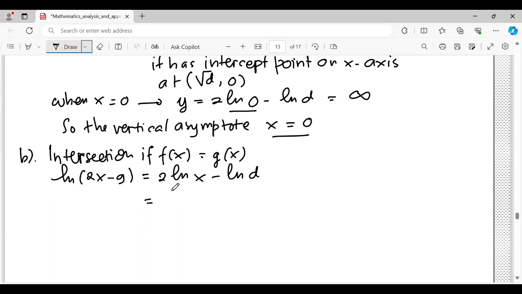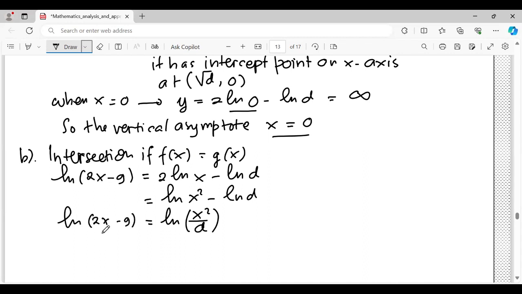or it is ln x squared minus ln d, or it is ln of x squared over d. So ln(2x minus 9) equals that, which means 2x minus 9 equals x squared over d.